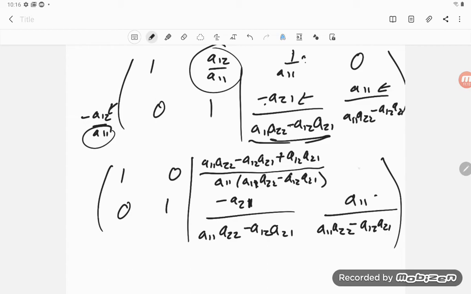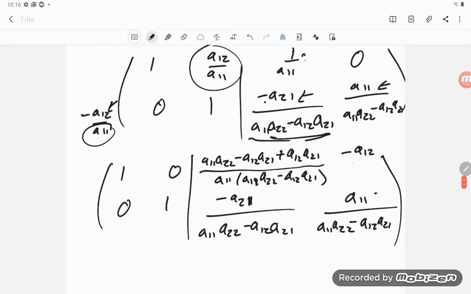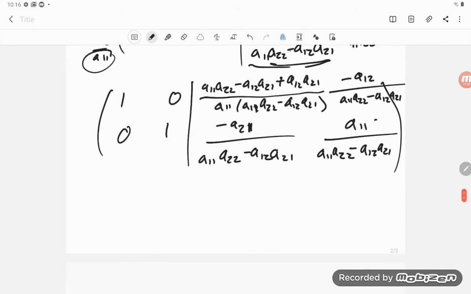And then I'll add all that up there. So I get a minus A12 divided by this whole darn thing again, A11, A22 minus A12, A21. So that's getting old very fast.